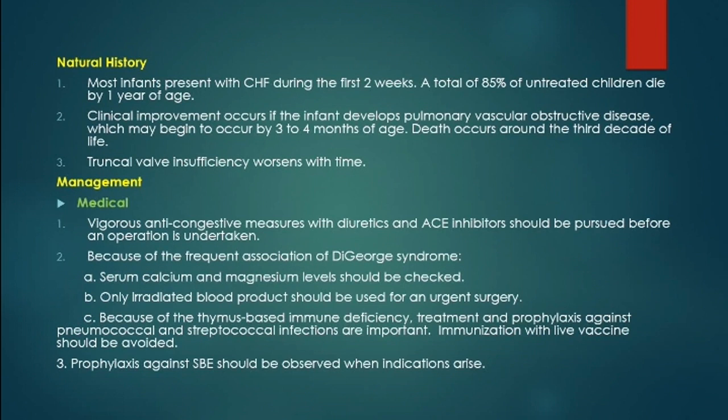In case a blood transfusion is needed, irradiated blood products should be given. And because these patients are usually thymus-based immune deficient, prophylaxis against pneumococcal and streptococcal infections is important. Prophylaxis against infective endocarditis should also be indicated.